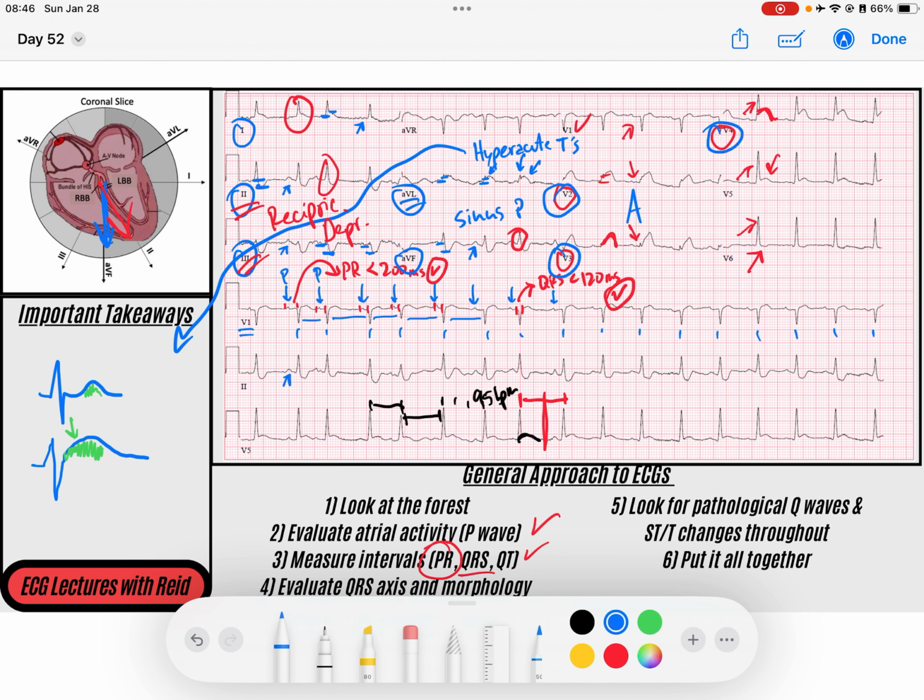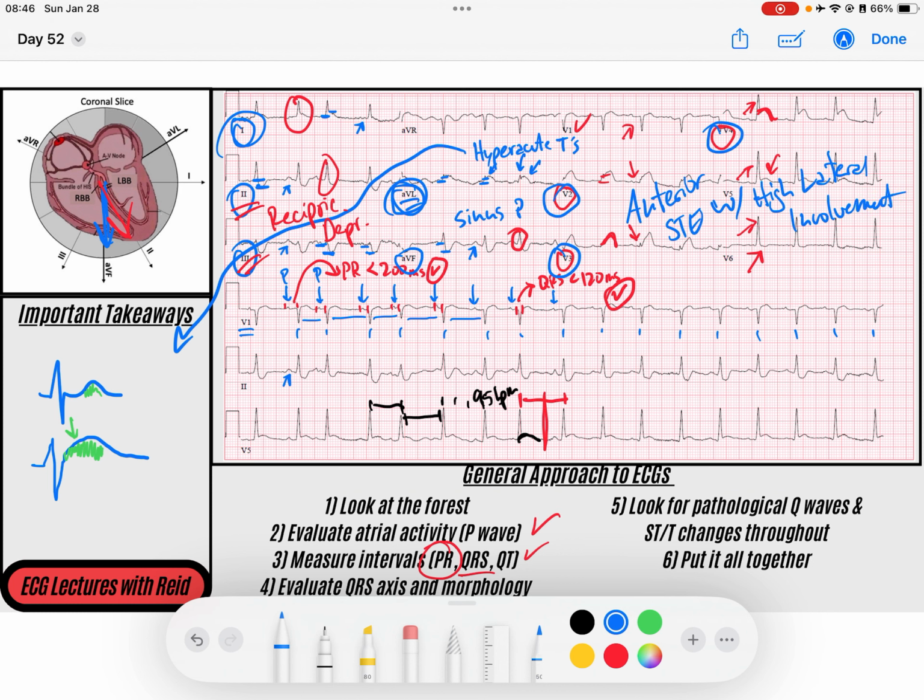We would call this anterior ST elevation. And because we have some high lateral involvement with lead 1 and AVL, I would say, with high lateral involvement.